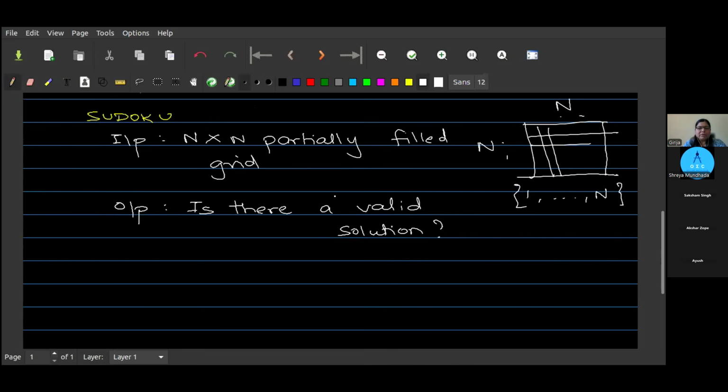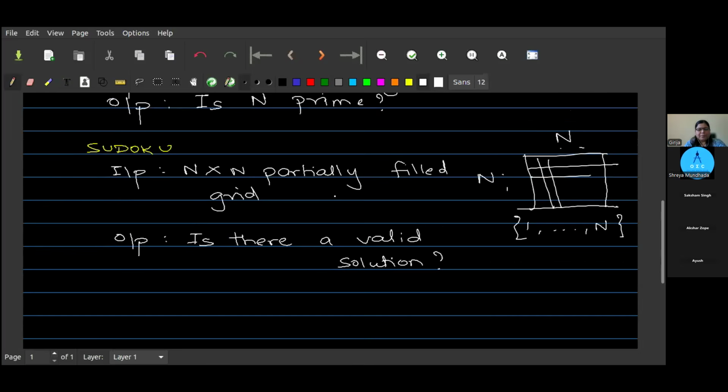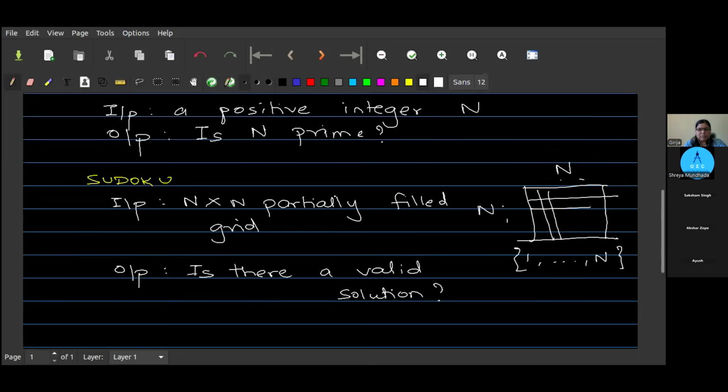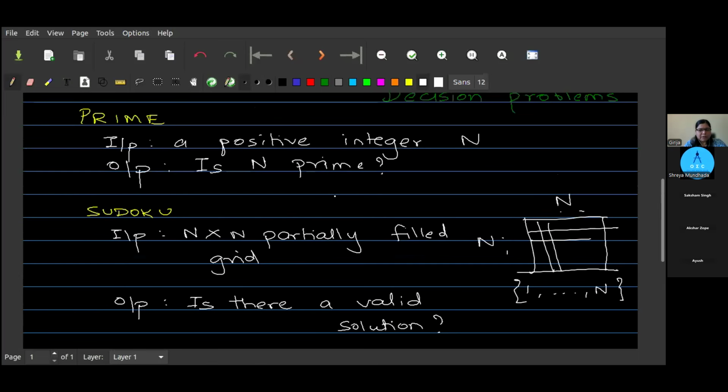But think of a partially filled grid which you cannot extend to a valid solution. The given configuration is such that there is no way to extend it to a valid solution. It is quite possible. So the question is asking whether that is possible or not, whether you can extend that to a valid solution or not. Yeah, it may have multiple solutions, but at least one valid solution it should have.